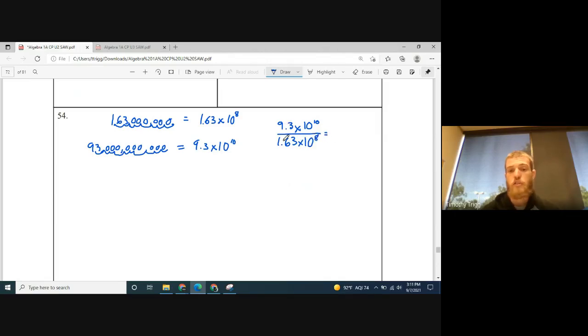So what we can do here is divide the coefficients. 9.3 divided by 1.63, we're going to call that 5.7 times 10 to the, and here we would subtract these powers, so squared. You can leave the answer in scientific notation, or you can convert it to standard form, which would be 570. These are equal.